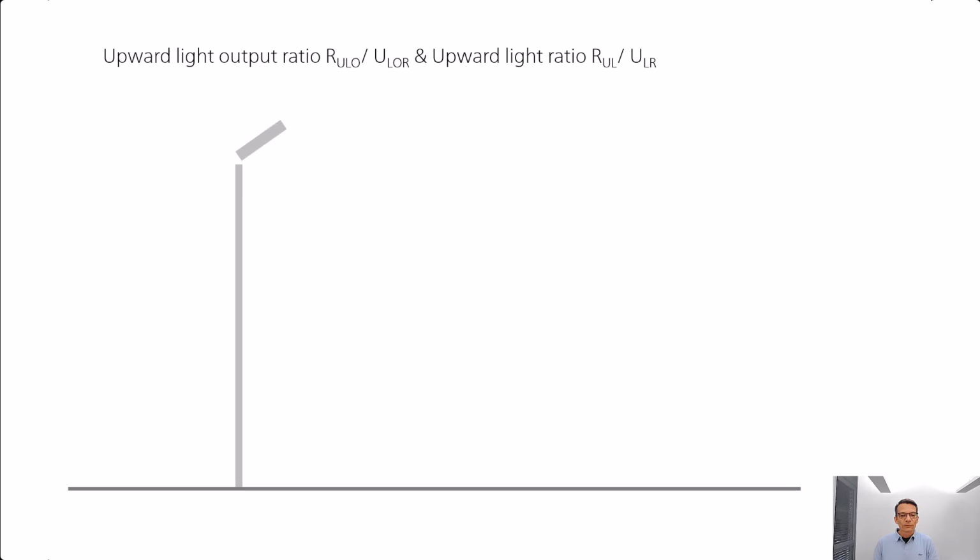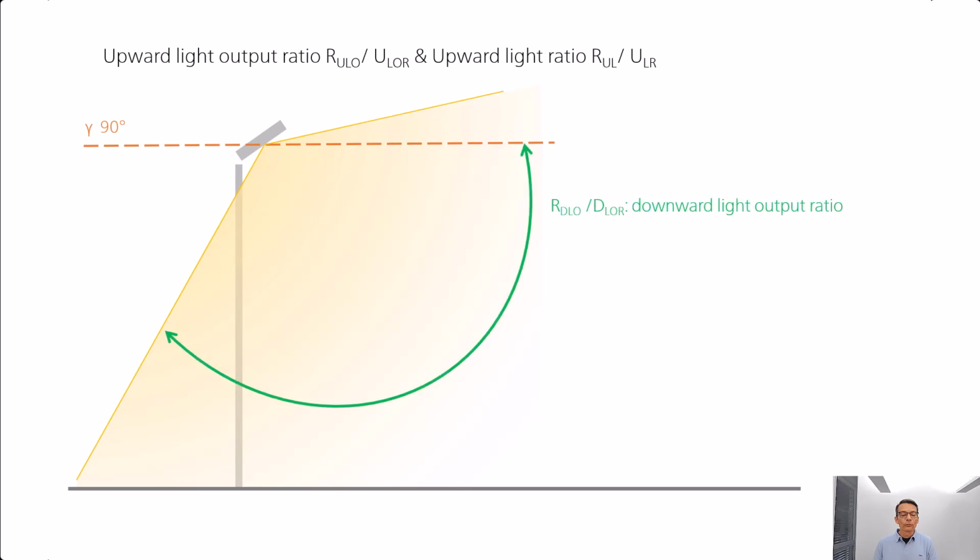When we tilt the luminaire, a portion of the luminous flux is emitted above the orange line. This portion is referred to as upward light output ratio, RULO or ULOR.